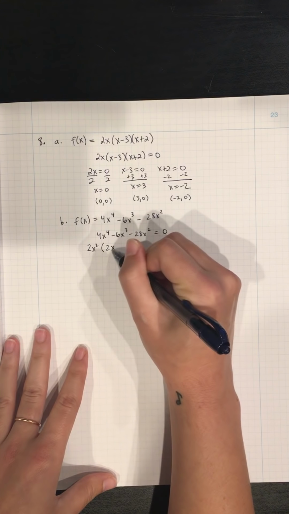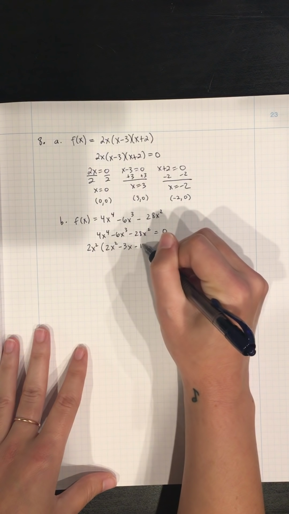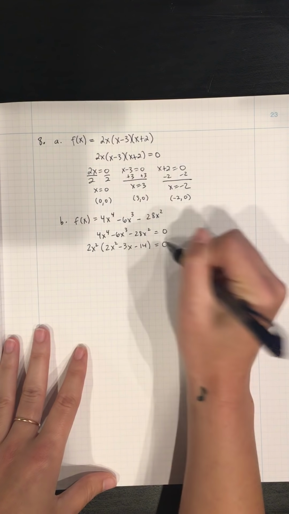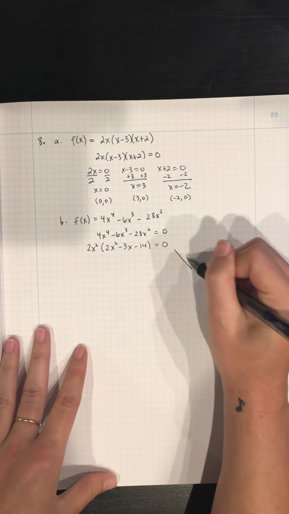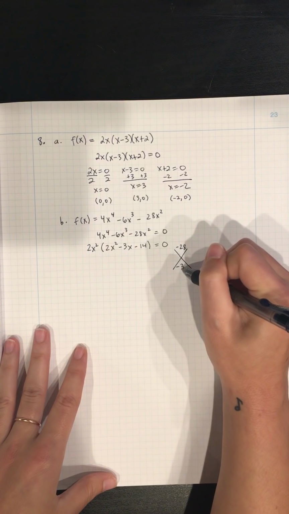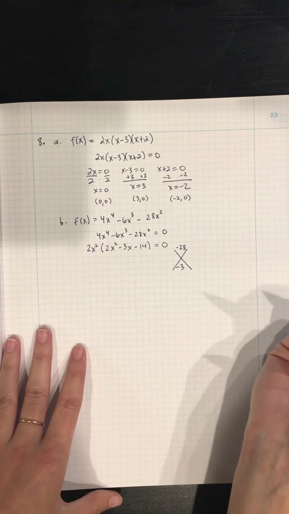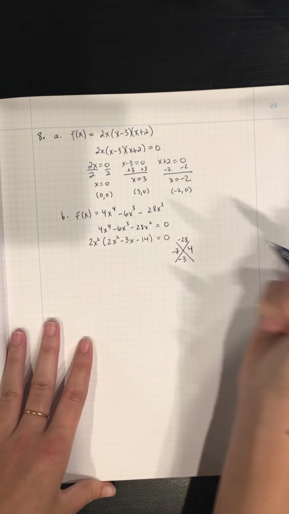Then I have 2x squared times 2x squared minus 3x minus 14. I'm going to see if I can factor this in the middle here. So this would be negative 28, this would be negative 3. It could be 7 and 4, so negative 7 and positive 4.